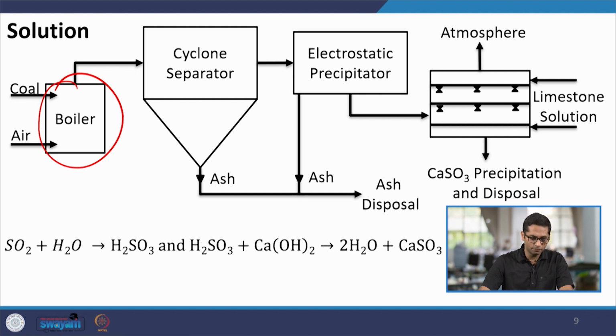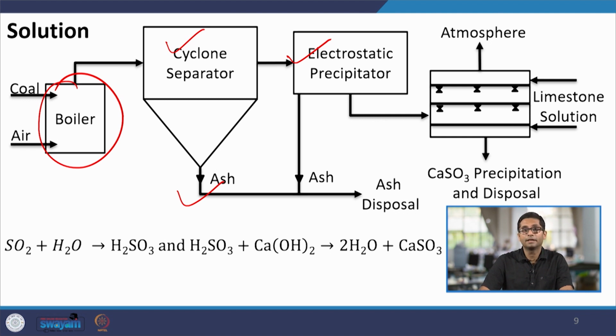The flue gas from these boilers would normally go to a cyclone separator for the removal of ash, and further particulate matter gets removed in the electrostatic precipitator. What is left in the flue gas is a majority of nitrogen, carbon dioxide and sulfur dioxide, and that sulfur dioxide is made to react with water.